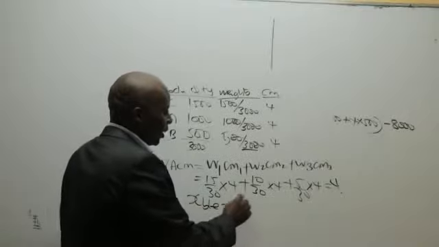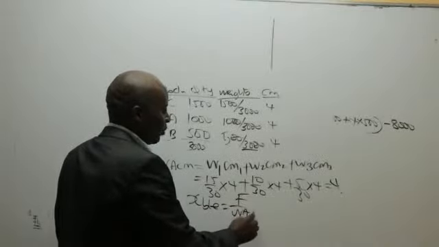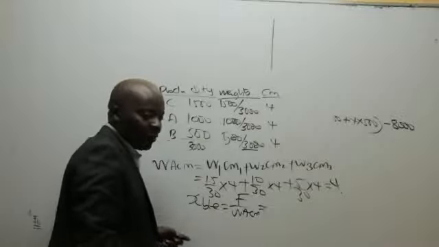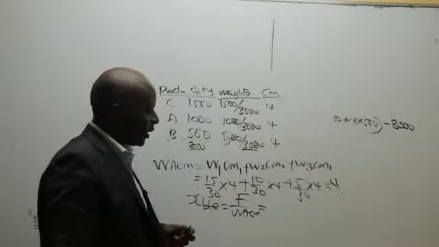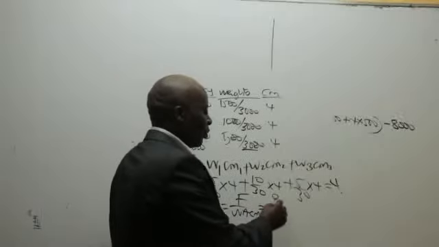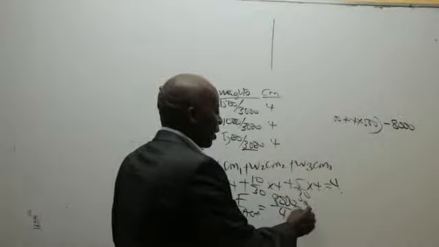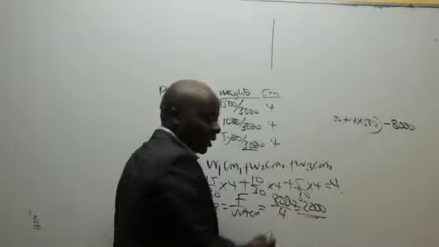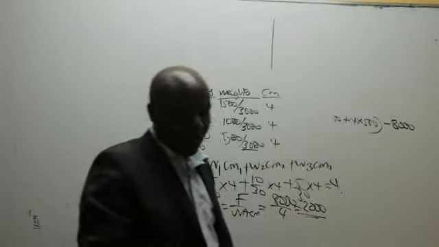So the break-even point is fixed cost over WACM. The fixed cost, they gave us a figure of 8,000, all over 4, which gives me 2,000.